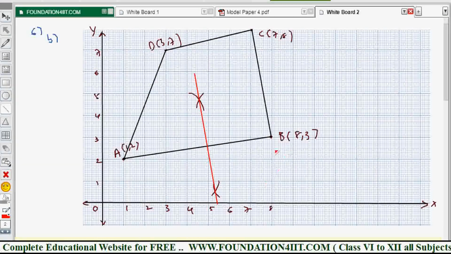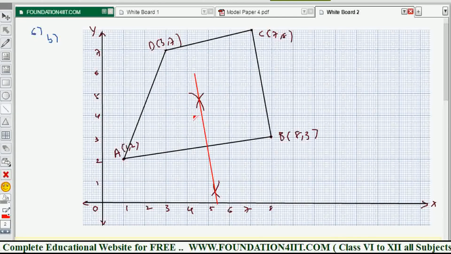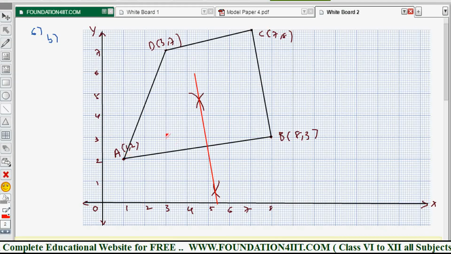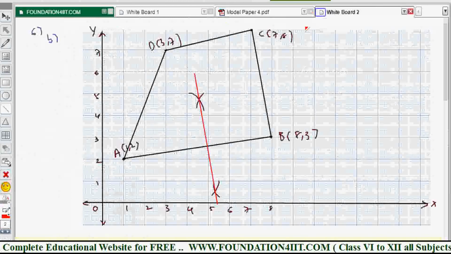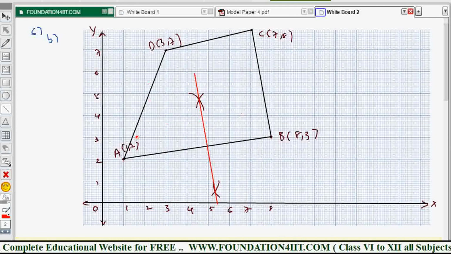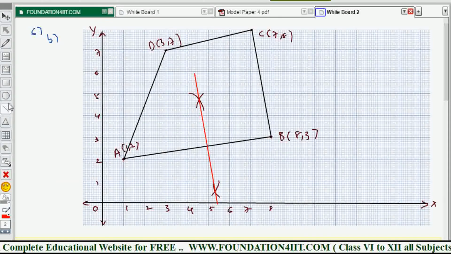Accurately you can do it, and we should bisect the side AB. That means the points that are equidistant from A and B. And next, for the remaining, P is also equidistant from AB and AD. Whenever it is about sides, you should bisect the angle. AB and AD, the common angle is A. Angle A we should bisect.